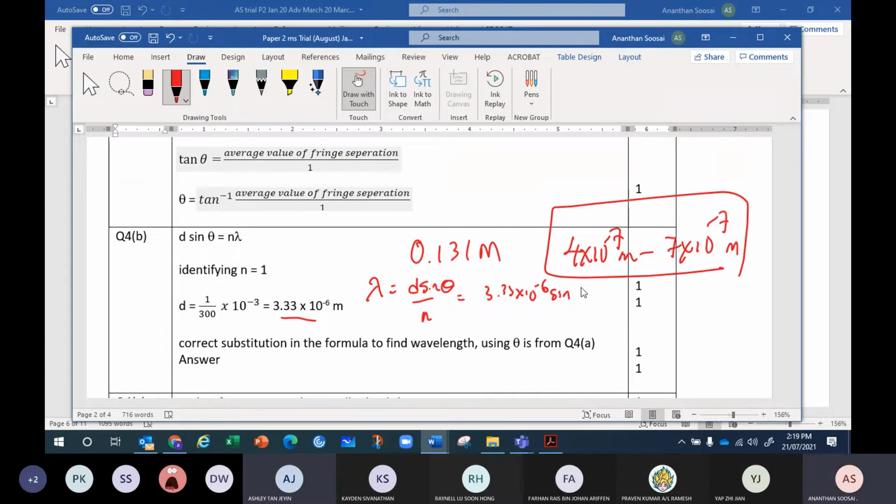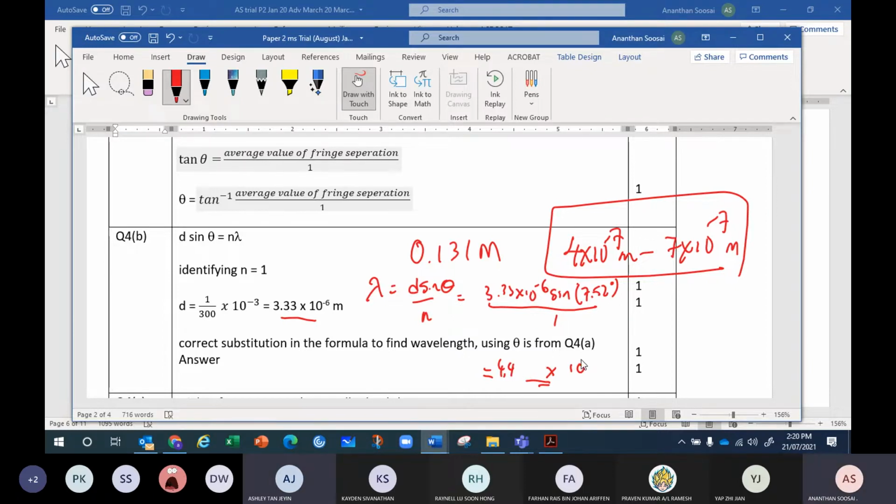7.52 degrees, over n equals 1. You try and see sine 7.52, how much you get, times 3.33 times 10 to the power of -6. I think you should get around 10 to the power of -7 if I'm not mistaken. 4.4 times 10 to the power of -7.